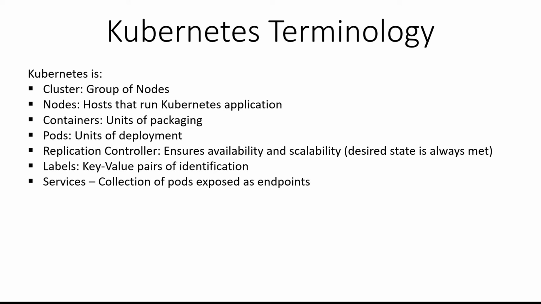Let's say your desired state is that you want this Java application to be running with 3 instances, and each instance should be on a different node. That is your requirement. You tell Kubernetes that this is your desired state, and the replication controller will ensure that those availability and scalability requirements are met. That's how it replicates your pod across the nodes. That is what a replication controller is.